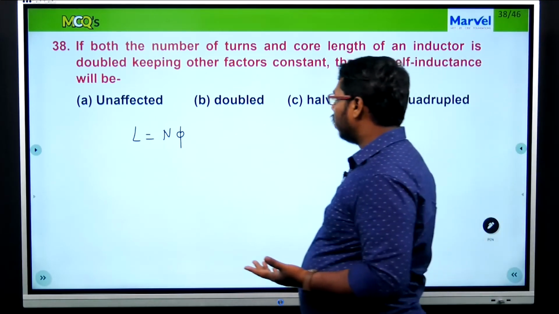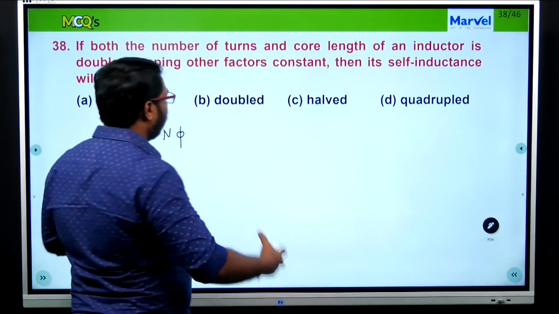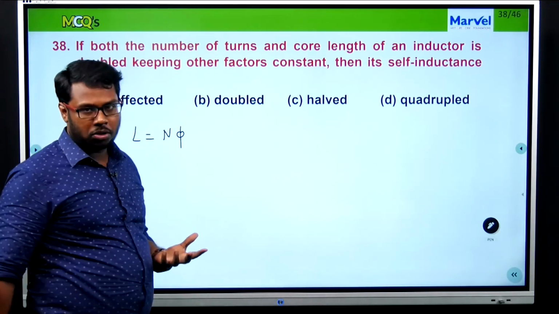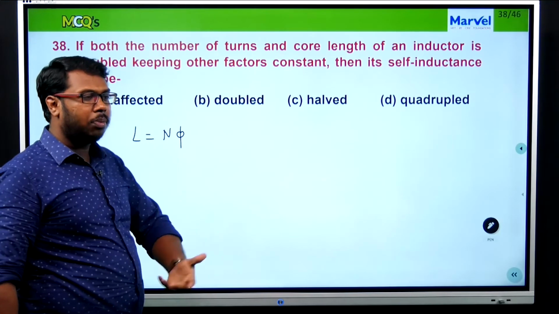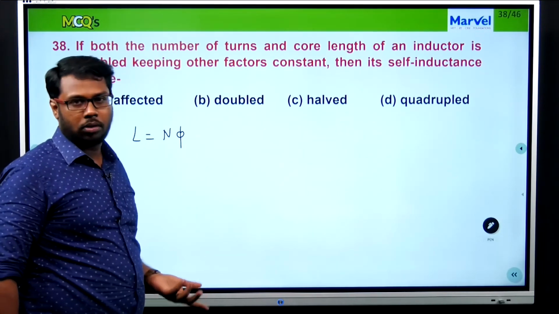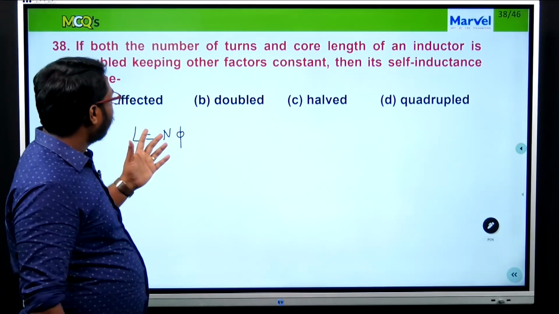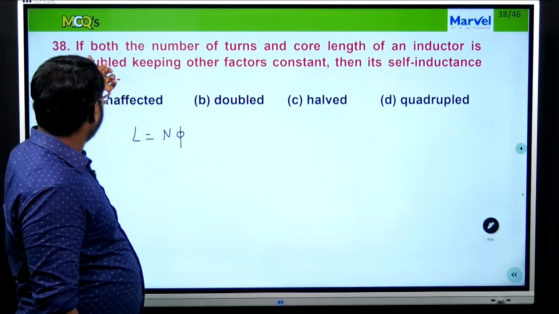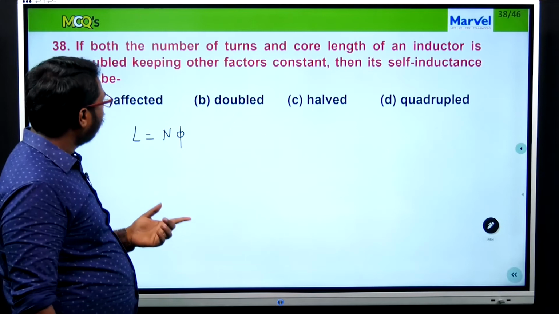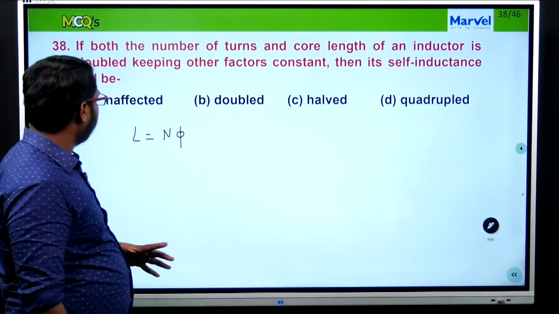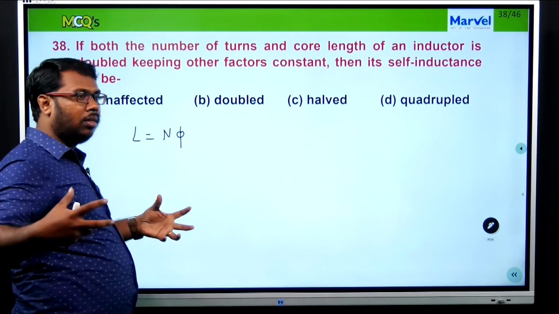Because the length is not going to affect much. Even if the length increases, the number of turns per unit length will also obviously increase, right? So here they are very specific: if both the number of turns and the core length of the inductor are doubled.